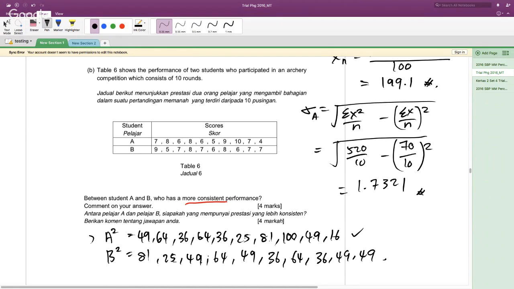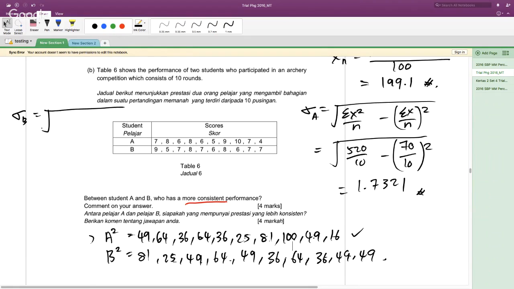That's 1, 2, 3, 4, 5, 6, 7, 8, 9, 10. So I will find the standard deviation of B, the same thing. I will do the sum of x squared: 81 plus 25 plus 49 plus 64 plus 49 plus 36 plus 64 plus 36 plus 49 plus 49.